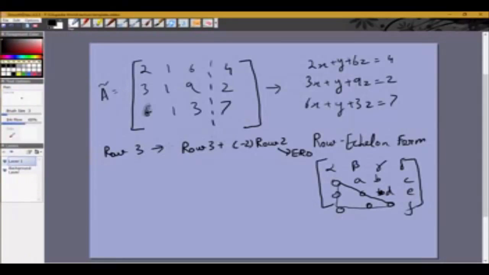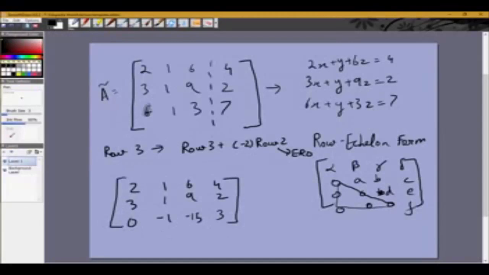So if you do this, then the augmented matrix would become 2, 1, 6, 4, 3, 1, 9, 2, and this would be row 3 plus minus 2 times this. So this would be 0, this would be minus 1, this would be 3 minus 18, that is minus 15, and this would be 7 minus 4, that is 3. This is the same as you multiply this by minus 2, and you add it to this, right?